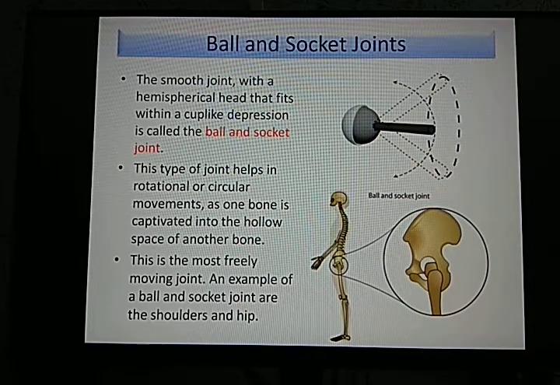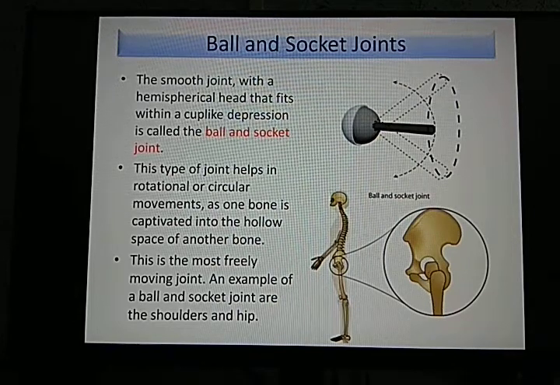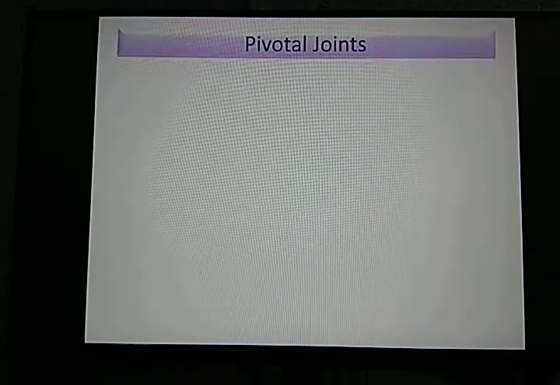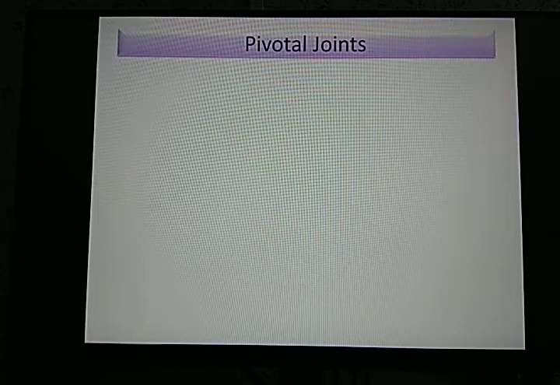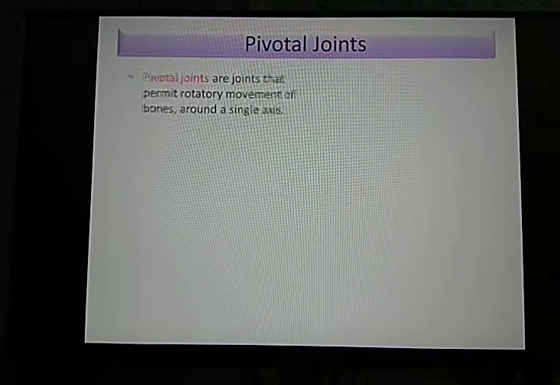Clear? Now next, let us discuss another kind of joint called the pivotal joints. These pivotal joints are also very important kinds of joints because they are connected to the main parts of our body. So let us see where it is connected.